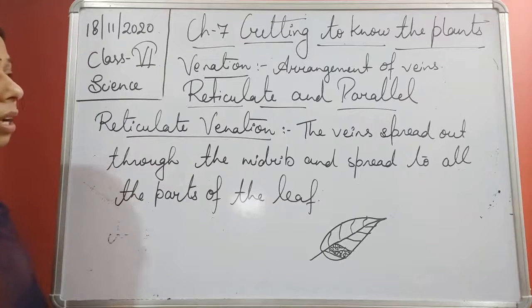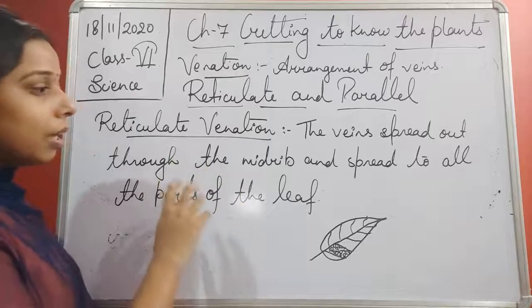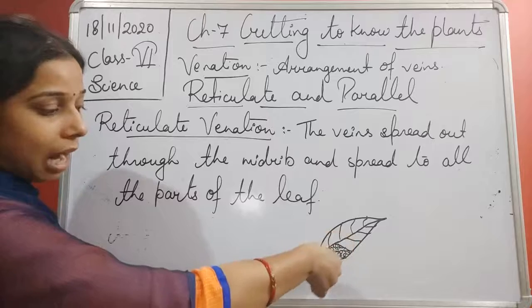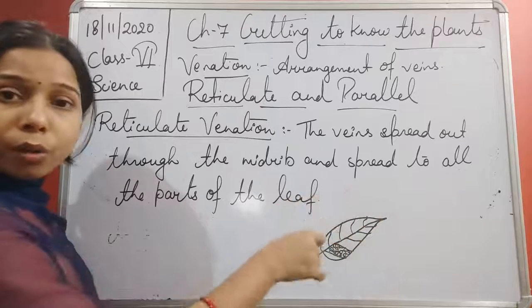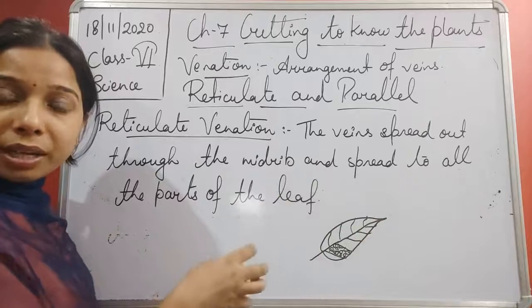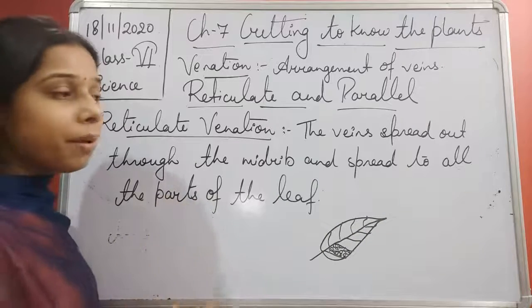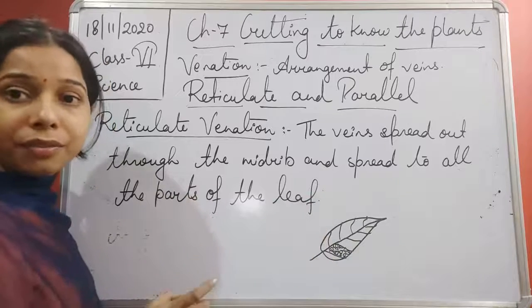That is why we say that in a reticulate venation, the midrib starts from the petiole to the tip, and from the midrib a lot of different veins come out and spread throughout the other parts of the leaf.